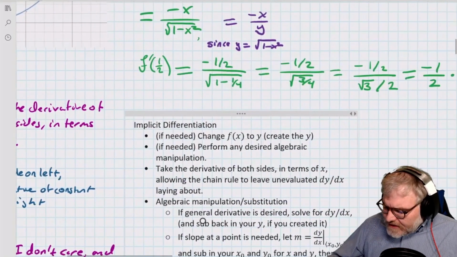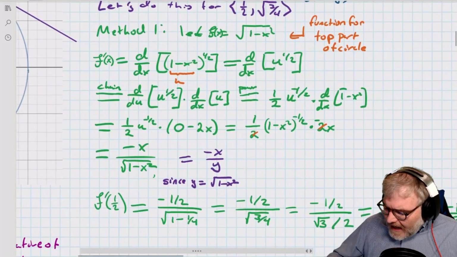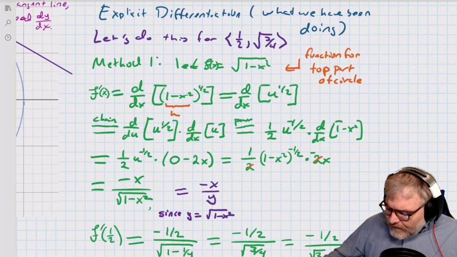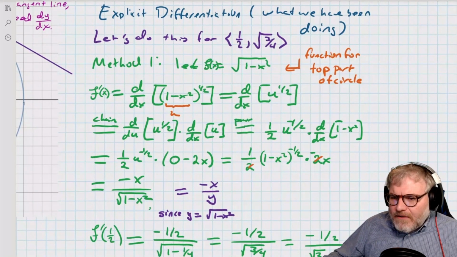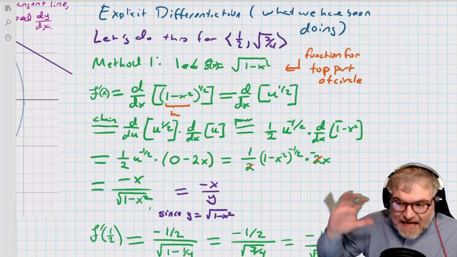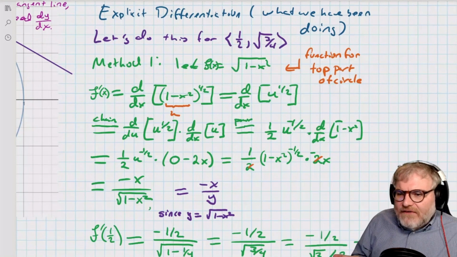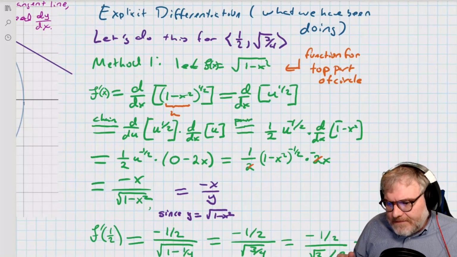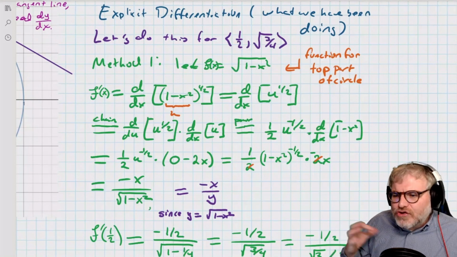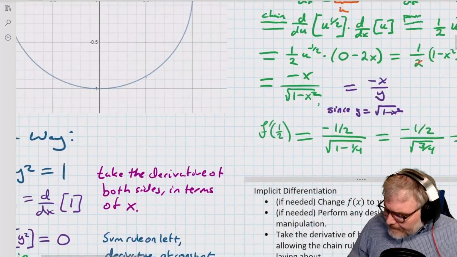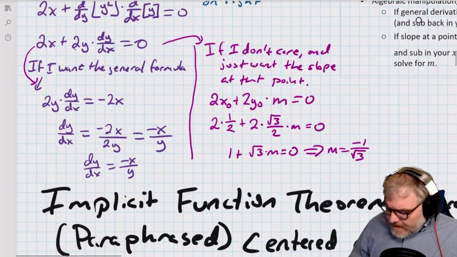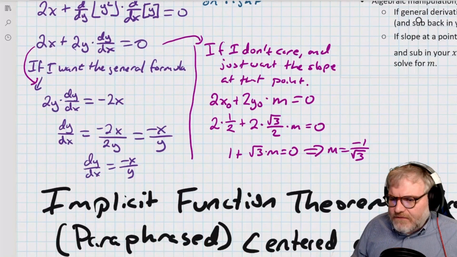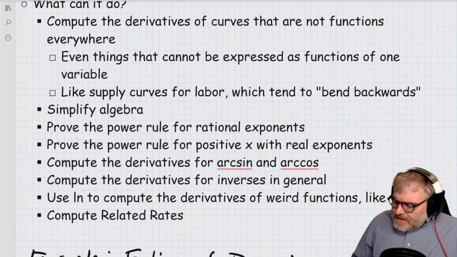Otherwise I'd have to take f of x equals the square root of 1 minus x squared to deal with the top half, and then f of x equals negative square root of 1 minus x squared. So I'd have two different derivatives depending on my case. This is much simpler. It's just dy over dx equals negative x over y. It lets me simplify algebra.